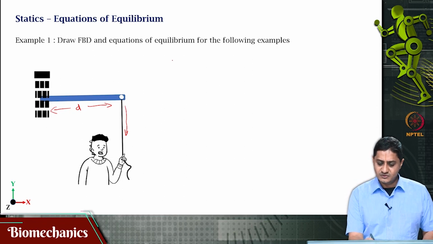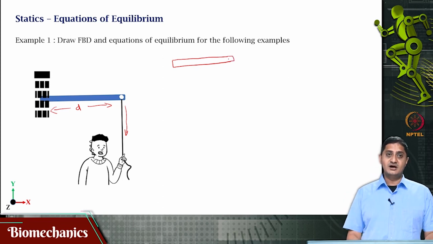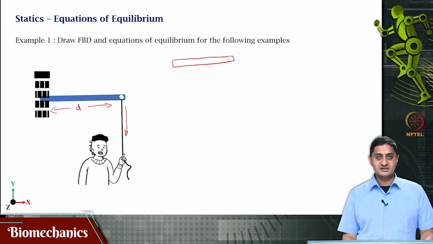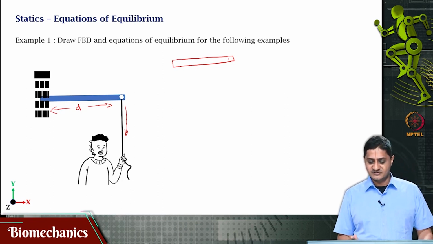So, when you say free body diagram, sometimes the question is, free body diagram of what? Are you talking about the free body diagram of the wall or the beam or the person's hand? In this case, although the question is not stating what it is, I will state it for you. The question is, draw the free body diagram of this beam.